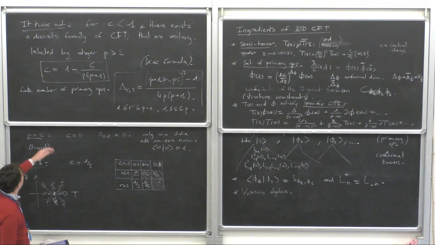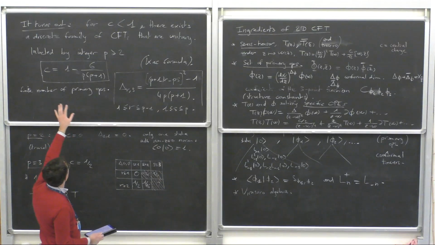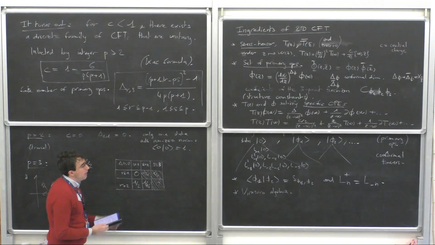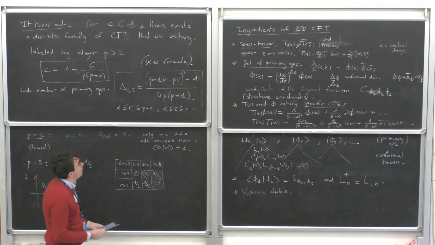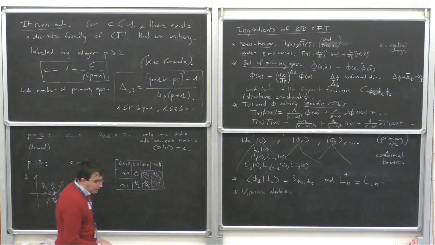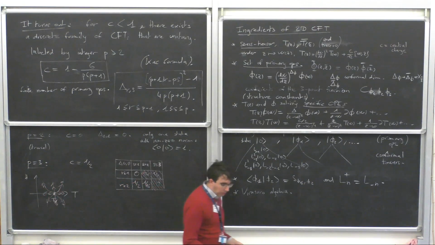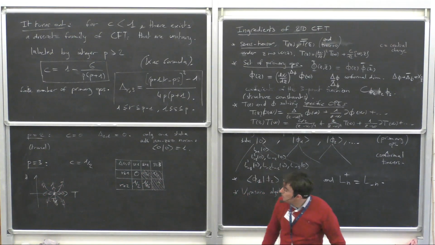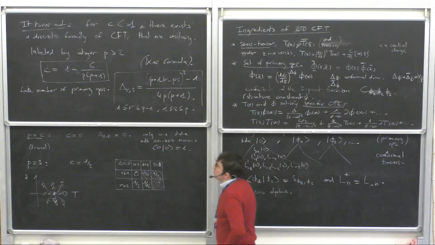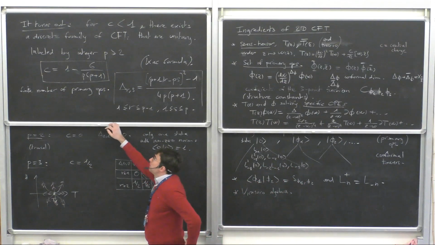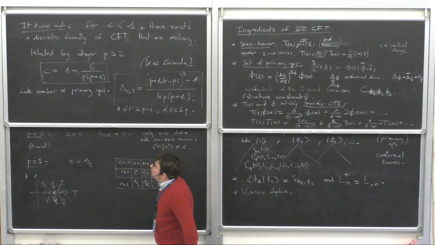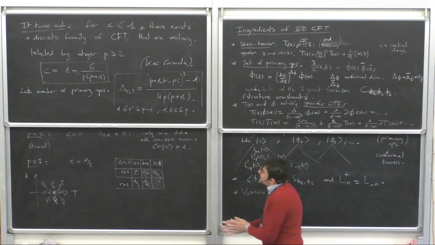And so in general, the whole series of minimal models has been identified with an infinite family of classical stat-mech models that is known as restricted solid-on-solid models that were constructed by Baxter and collaborators, Baxter, Andrews, and Forrester.